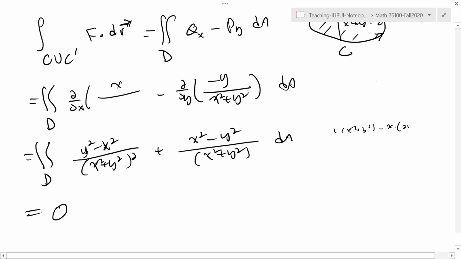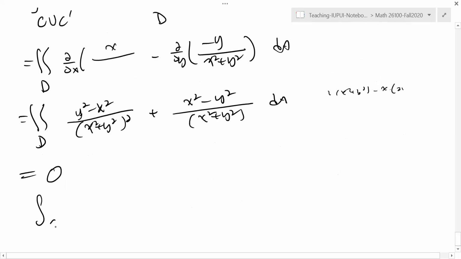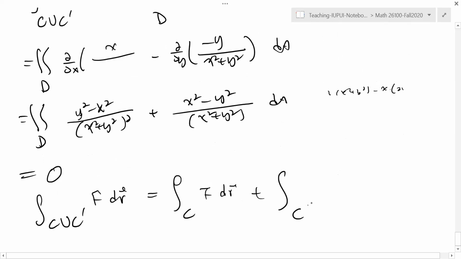So what does that mean? That means the line integral along these two curves is always equal to 0, but this is the sum of the line integrals. And then the other way is just the tiny small circle.